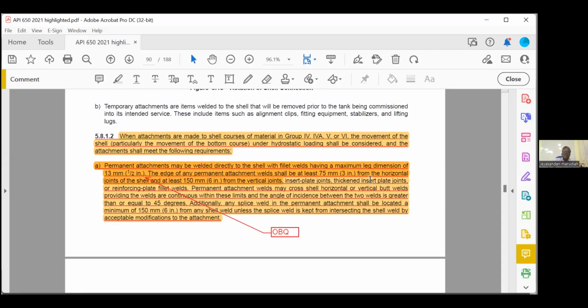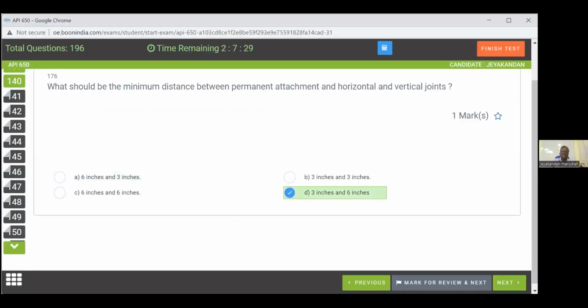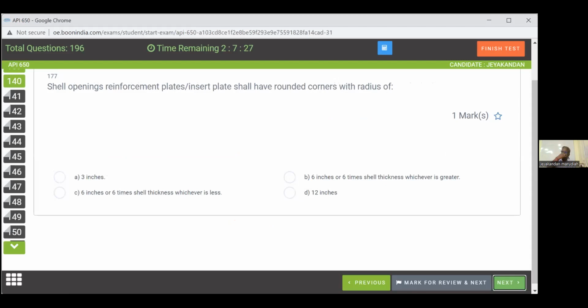The edge of any permanent attachment shall be at least 3 inch from horizontal and 6 inch from the vertical. Which one are you telling? The last one? Additionally, any splice weld is different. The answer is B, 3 inch from the horizontal and 6 inch from the vertical. Okay, so we missed something. So what is the horizontal, 3 inch? Okay, you are right. 3/6 correct.